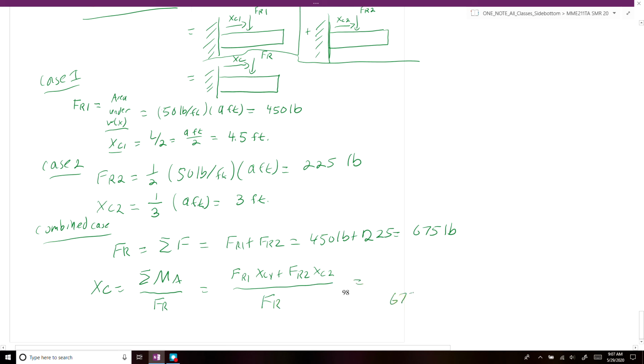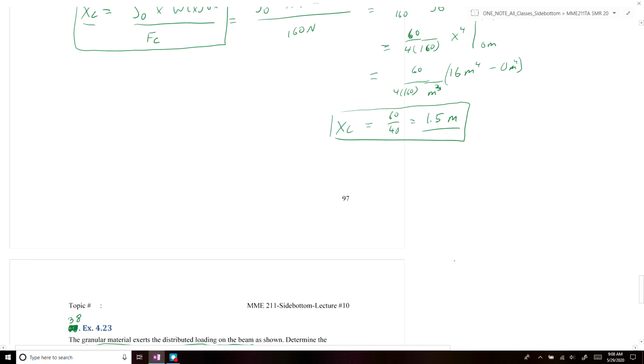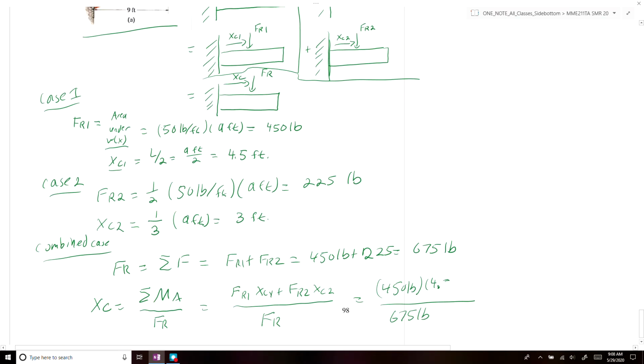So we would get 675 pounds in the denominator, and our numerator would be equal to 450 pounds times 4.5 feet plus 225 pounds times 3 feet.